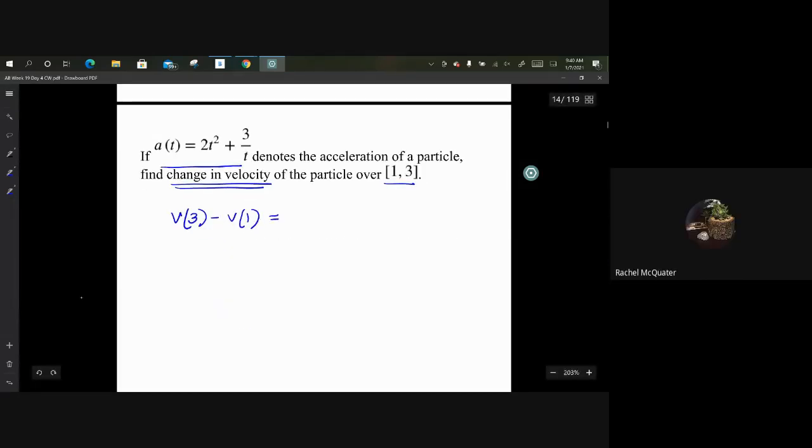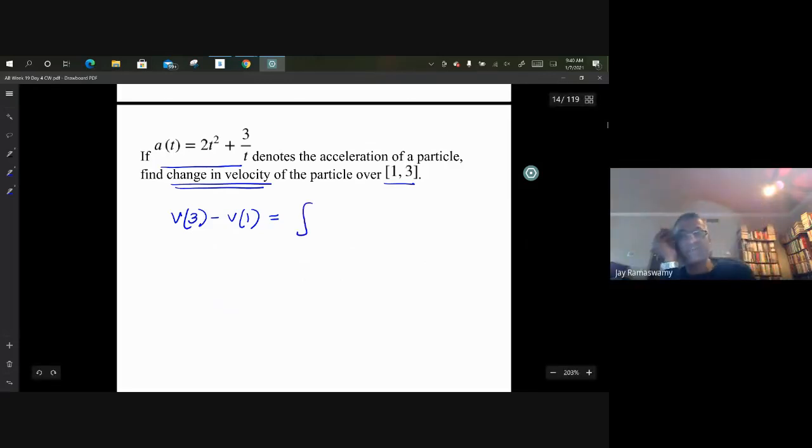Is it integral? Yes. Guys, if you have a difference on one side, the other side becomes an integral. If you have an integral, then you have a difference on the other side. Ms. Sarango, observe the pattern.